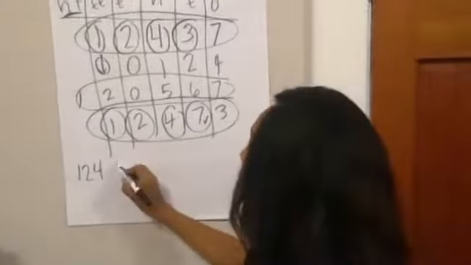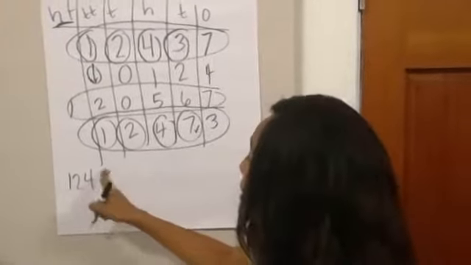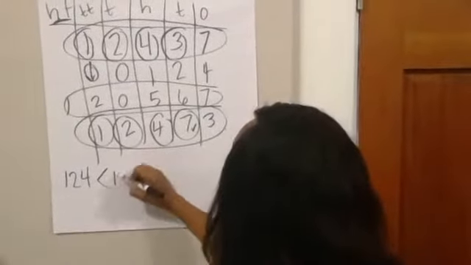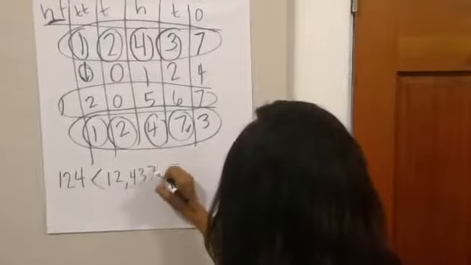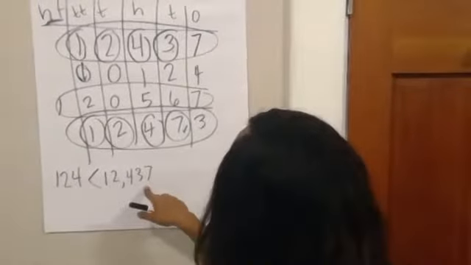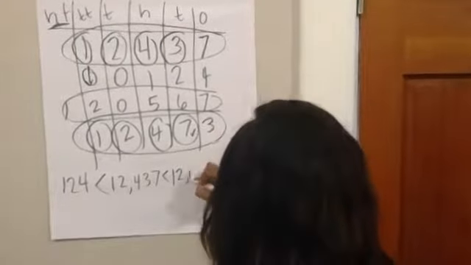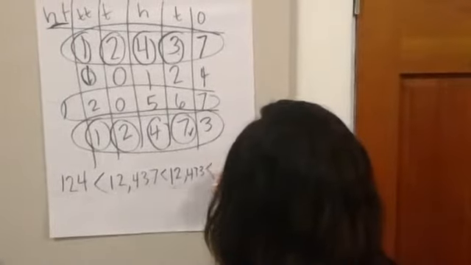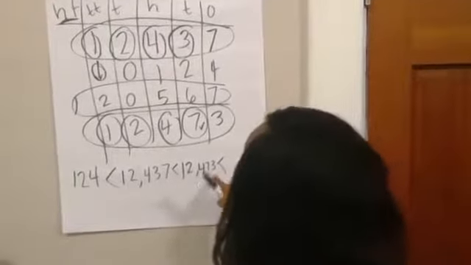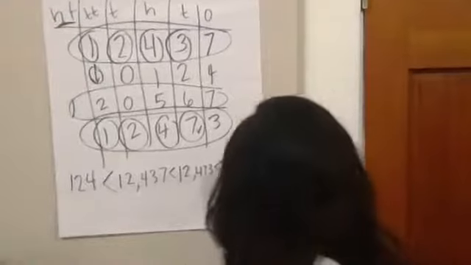Okay, remember the alligator mouth goes open. So 124 is less than 12,437. 12,437 is less than 12,473.